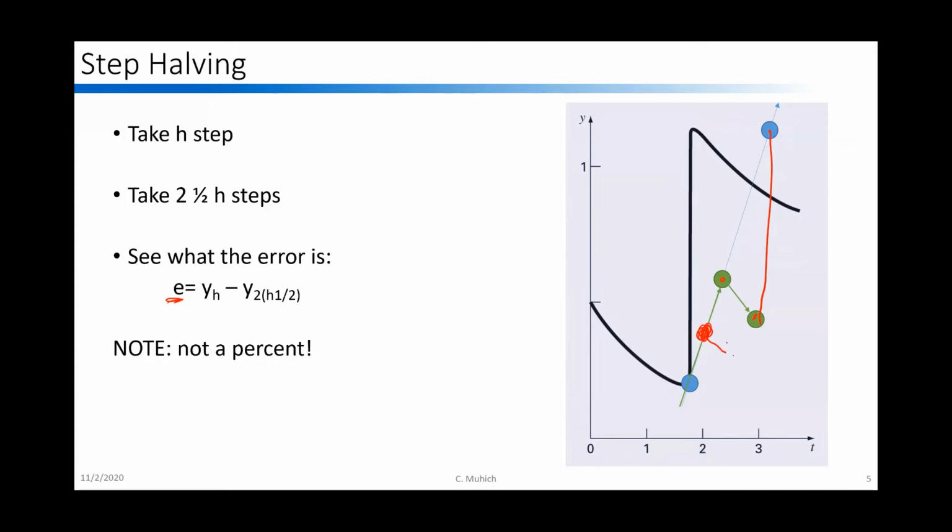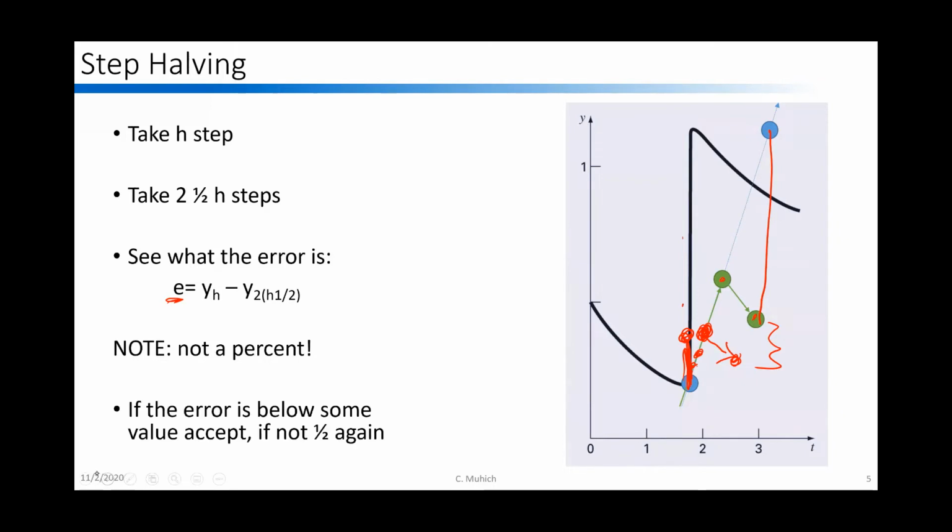In this case, I would get a smaller step, but I would still get a relatively large error. Then I can do the step again and again, and eventually when I get small enough, I'll get a movement along this line itself, and I can keep going. So in essence, if the error is below some value, we accept that value, and if not, we are going to do that halving again.